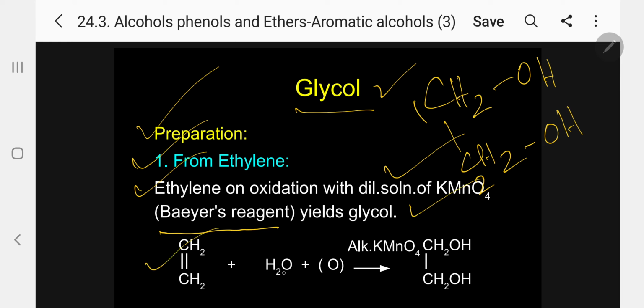Ethylene undergoes hydroxylation, so two OH groups are introduced by breaking a pi bond, and we get ethylene glycol.